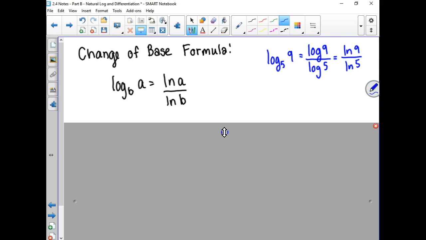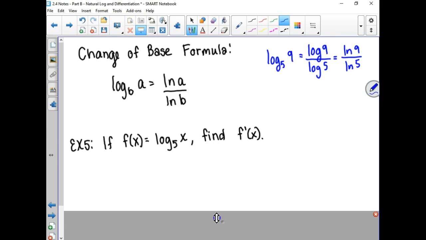It will give you the same result. And certainly for these problems, we want to use natural logs because we know about the derivatives for natural logs. We do not know about the derivatives for other logs, so we're going to switch this to make them natural logs.